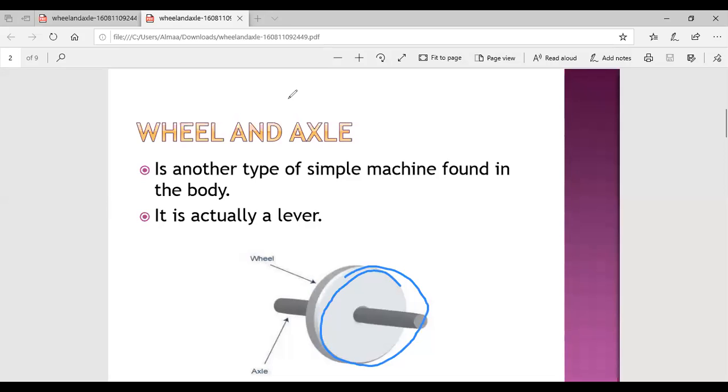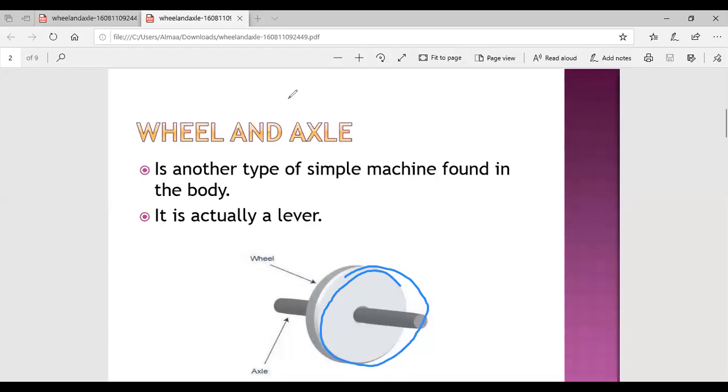In the center of the wheel we have the axle. The function of the axle is to allow the wheel to move, and the axle is inside the wheel. So what will happen when the axle is moving? The wheel itself will also start to move, and this will produce movement for the wheel.